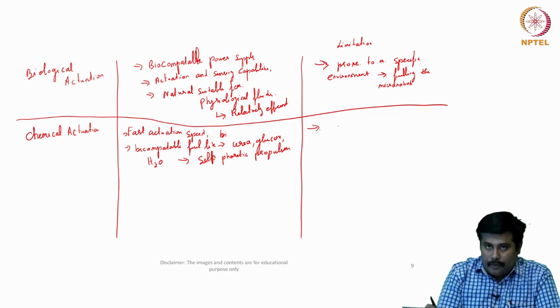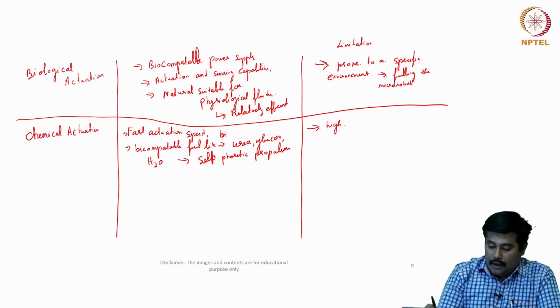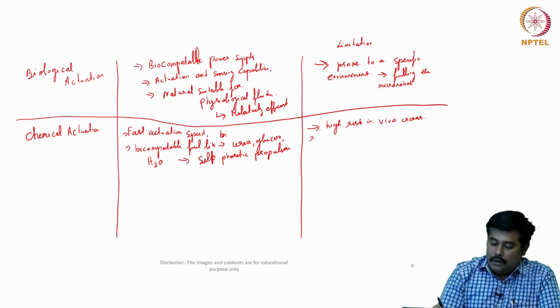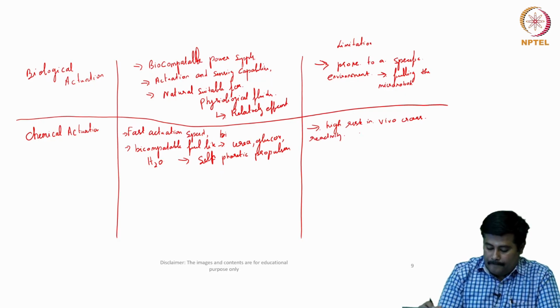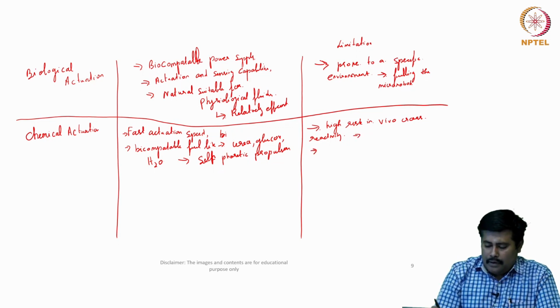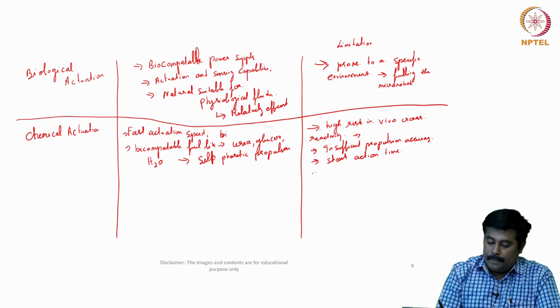Some of the limitations from this point of view: it has a high risk in vivo, cross reactivity, insufficient propulsion accuracy, it has a short action time, and it lacks instantaneous feedback.